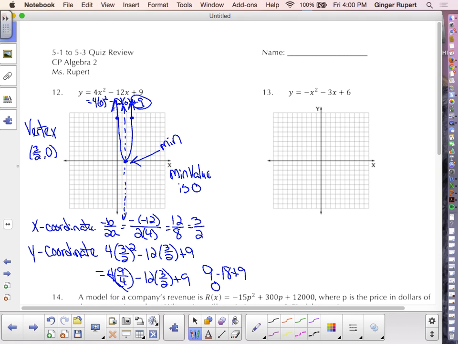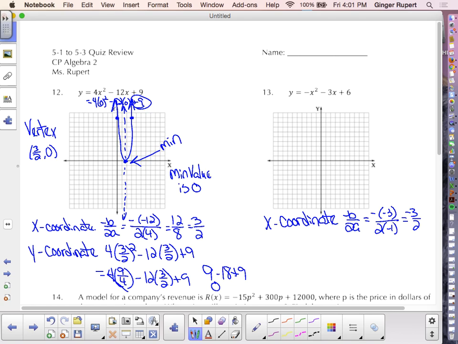Okay, let's take a look now at 13. 13 again, I have to find the x-coordinate. At minus b over 2a, that's going to be minus negative 3, and then 2 times negative 1, which again gives me 3 halves, actually negative 3 halves.